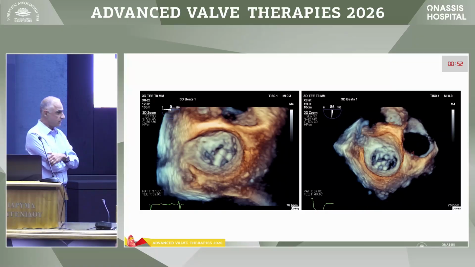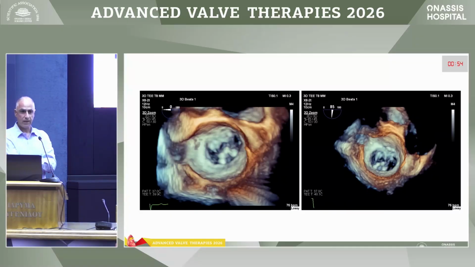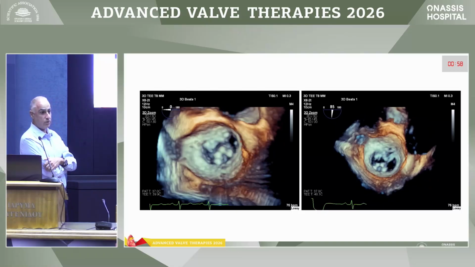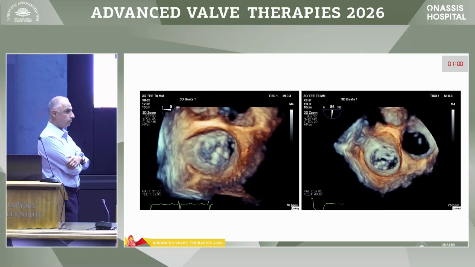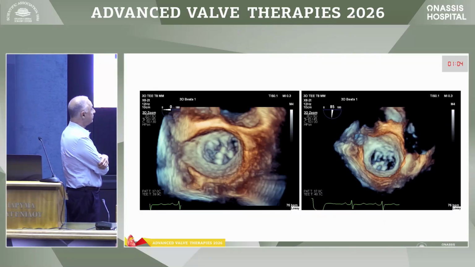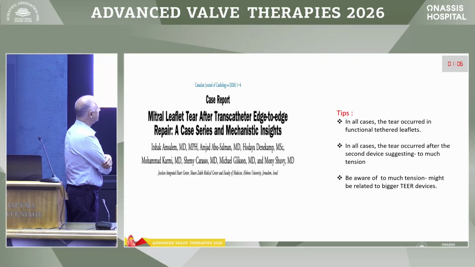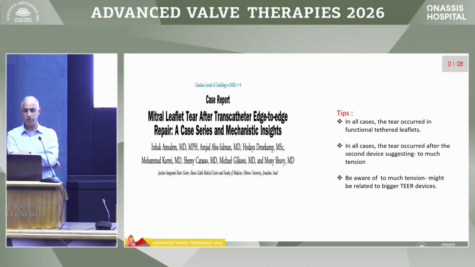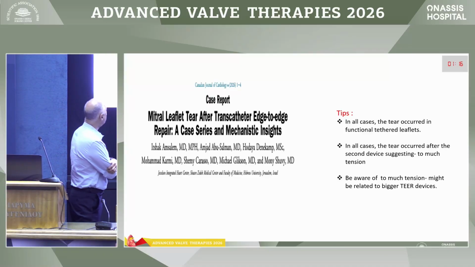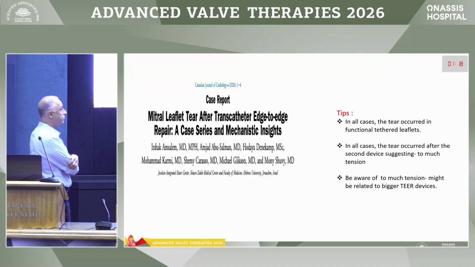So these patients, although we get an excellent result during the procedure, underwent surgery after the procedure because of late tear of the valve. So this is an important thing to know. We just published our data about mitral leaflet tear after TEER one month ago in the Canadian Journal of Cardiology.